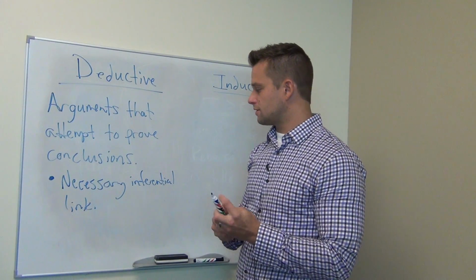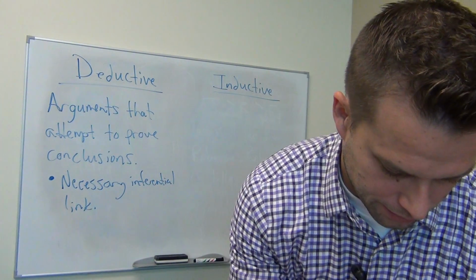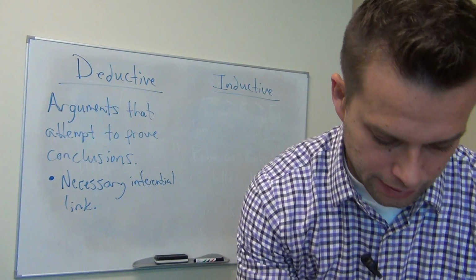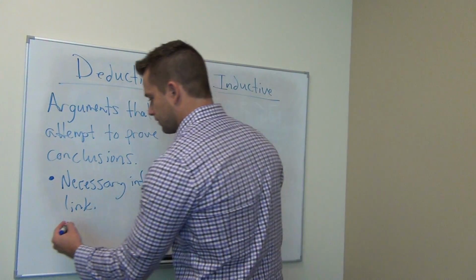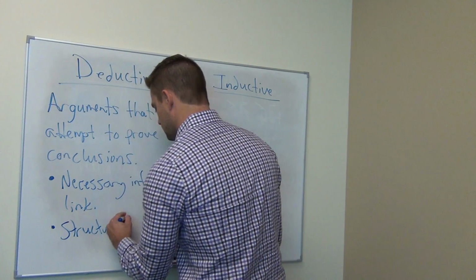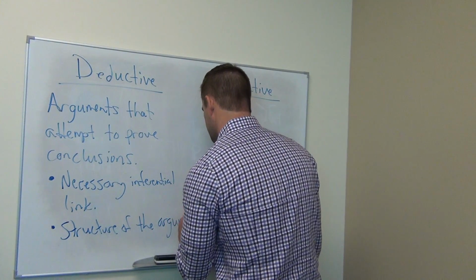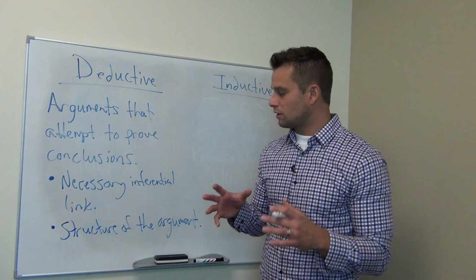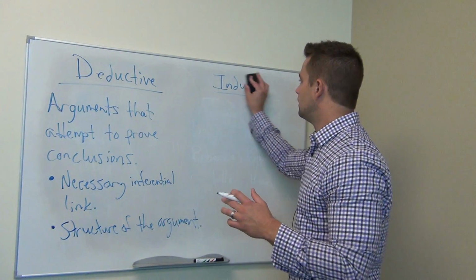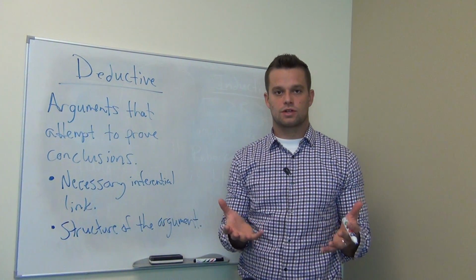Now, let's look at another way that we can find deductive examples of arguments. The third is the structure of the argument itself. So often, when you're looking for deductive arguments, you'll see that the argument has a specific structure.